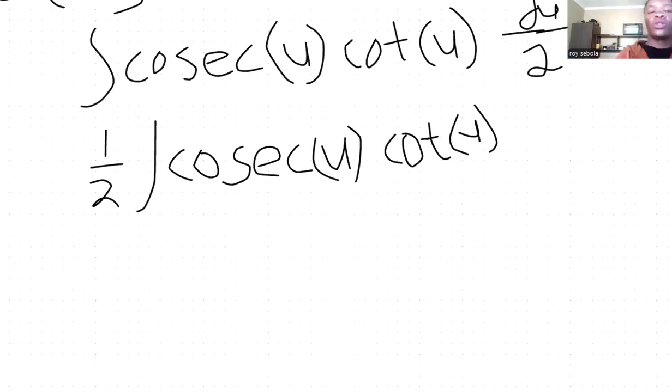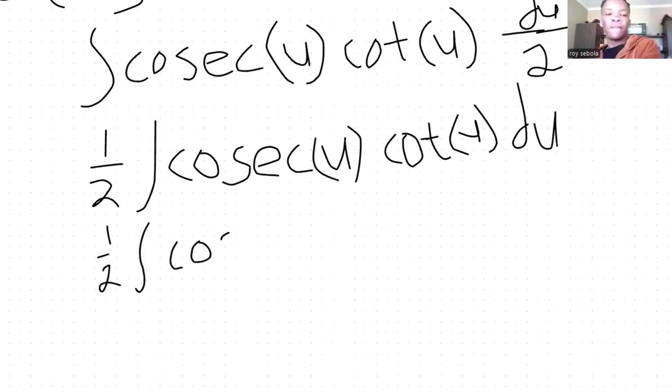Now remember, the integral of cosec u cot u gives you negative cosec u, so it's going to be 1 over 2 cosec u plus c.